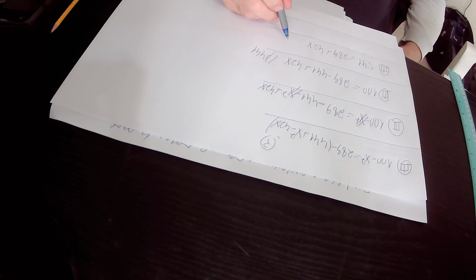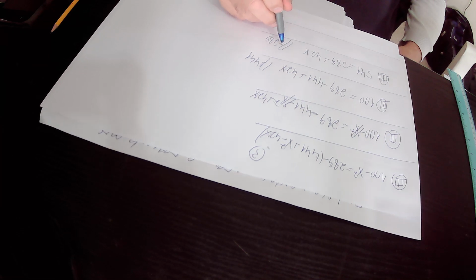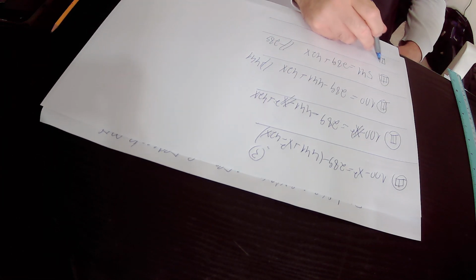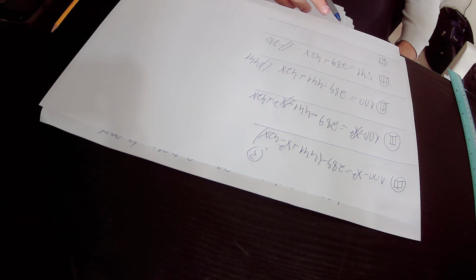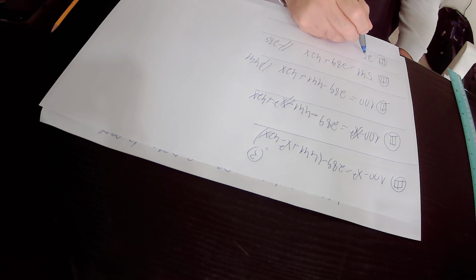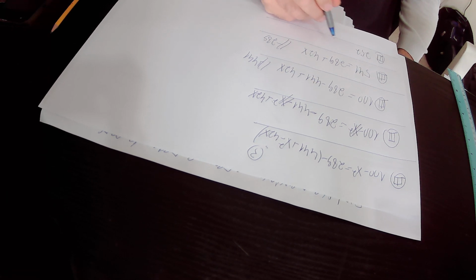Here we subtract 289 from both sides, and we get 541 minus 289 equals 252. So 252 equals 42x.